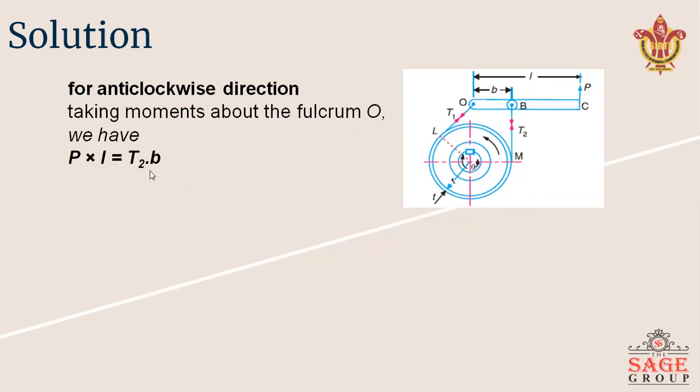So P into L is equal to T2 into B. L is equal to 500, B is equal to 100, and T2 we have already calculated on the previous slide, 444. So substitute all the values and we will have the value of P. The operating force P is equal to 88.8 Newton for anti-clockwise rotation of the drum.